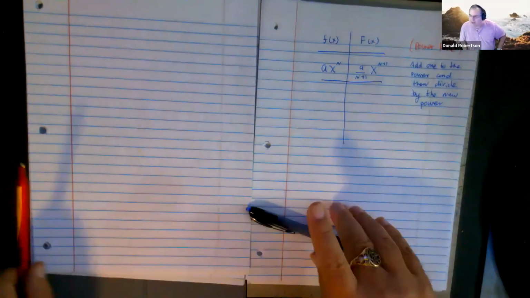For my brain, this rule, which by the way is also called the power rule, is very helpful for finding antiderivatives. Right.